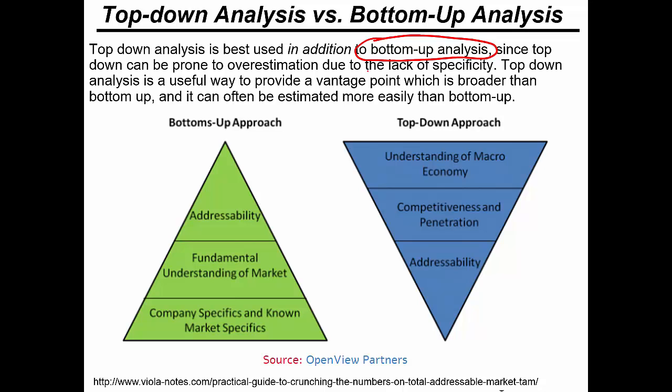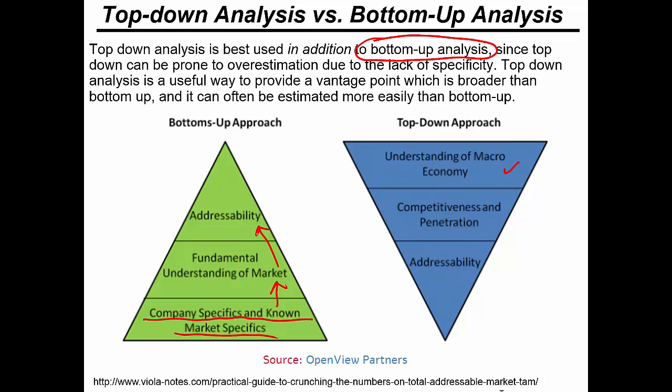Because with the top-down, usually you get macro level economic data. The bottom-up approach is very company specific and not market specific. So you have some fundamental understanding of the market, and eventually it can help you understand addressability in terms of the market you try to address.